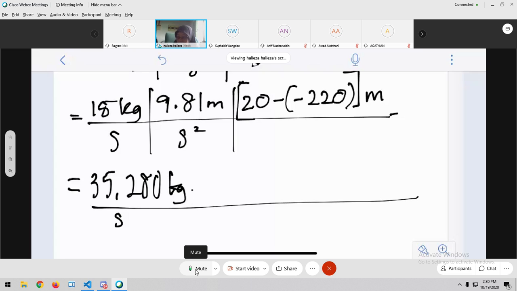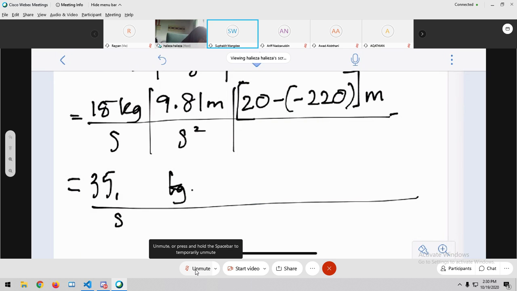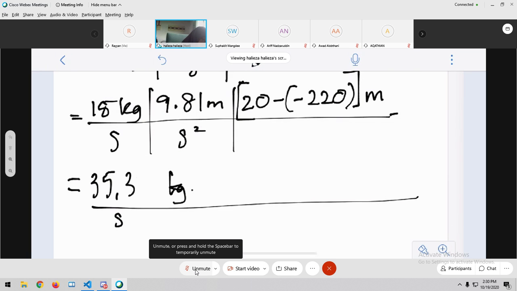Give me one value. 35,316. Okay, you can check again with your calculation.